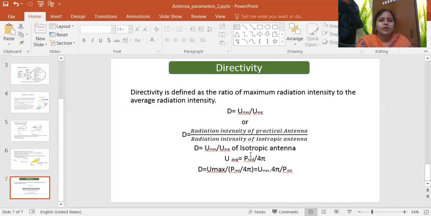So, U max by U average of isotropic antenna. But we have already calculated U average, which is equal to P radiated by 4 pi. So, if you substitute this U average in the expression of D, you will get U max by P radiated by 4 pi, that is equal to U max into 4 pi by P radiated.